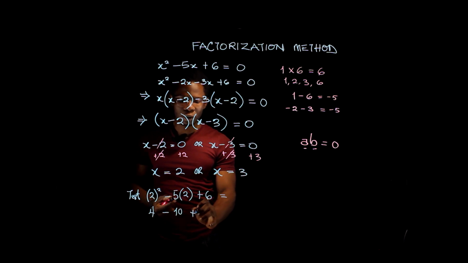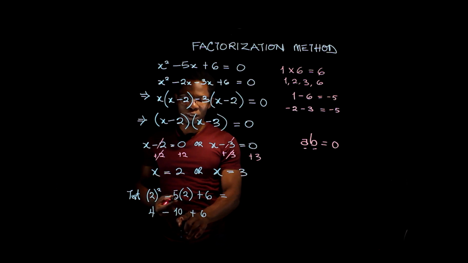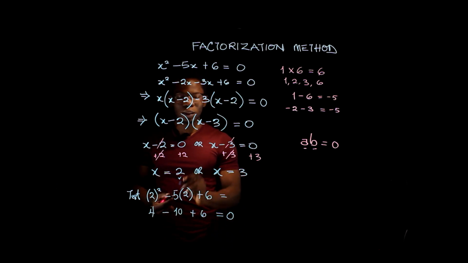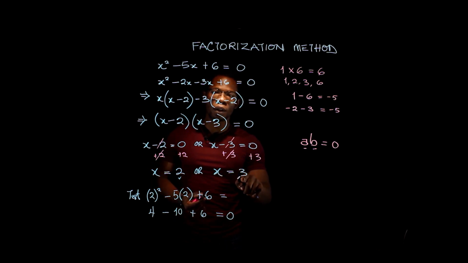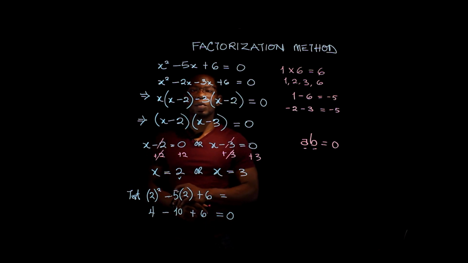That's minus 10 plus 6. So 4 minus 10 is equal to minus 6. And minus 6 plus 6 is equal to 0. And so we know that this is correct. If you do the same for x is equal to 3, you find that you will also get that the equation adds up to be 0. And that's how you solve a quadratic equation.